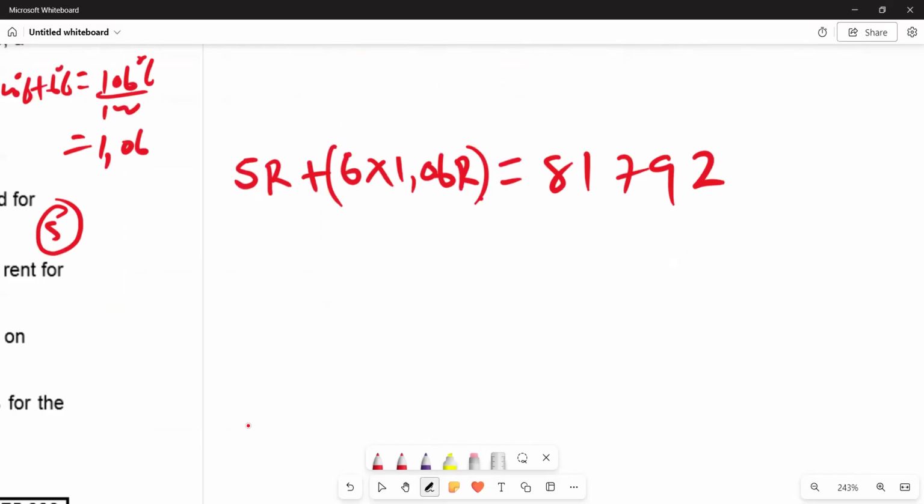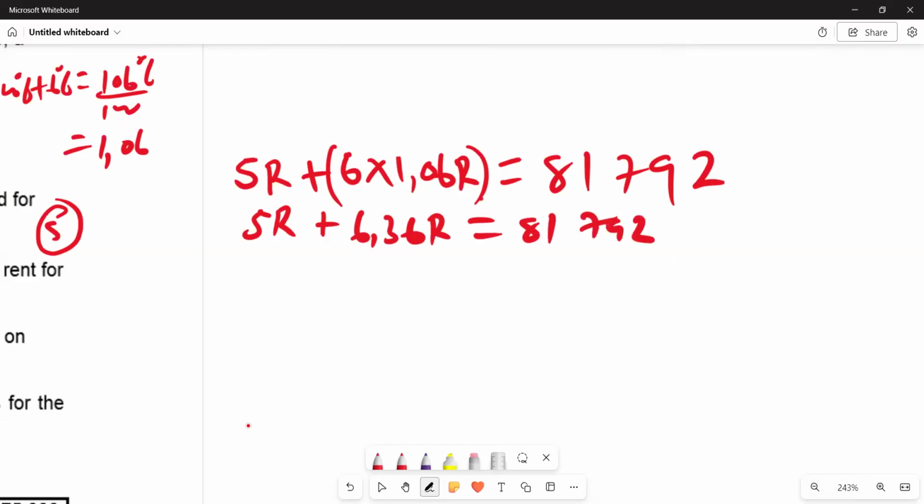If you remove the brackets, it becomes 5R plus 6 times 1.06. Let's calculate: 6 times 1.06 you are going to get 6.36. So here we are saying 6.36 R equal to 81,792.